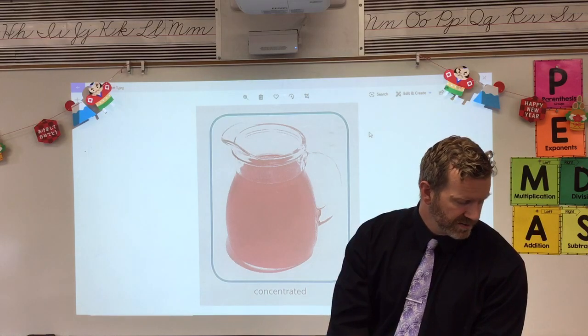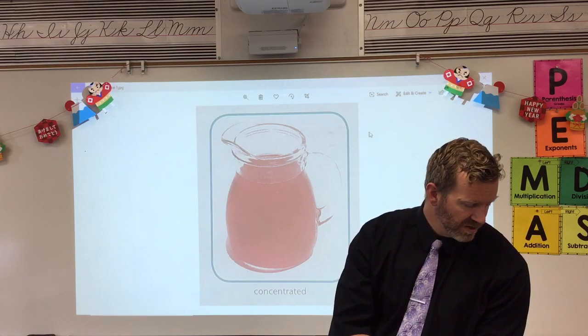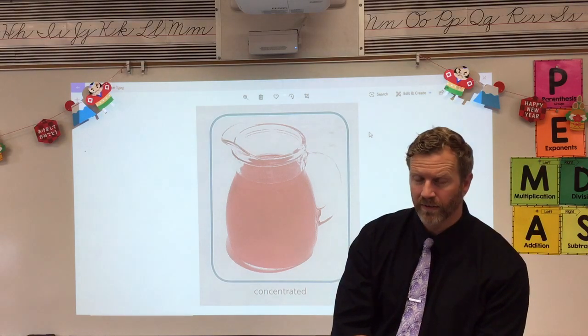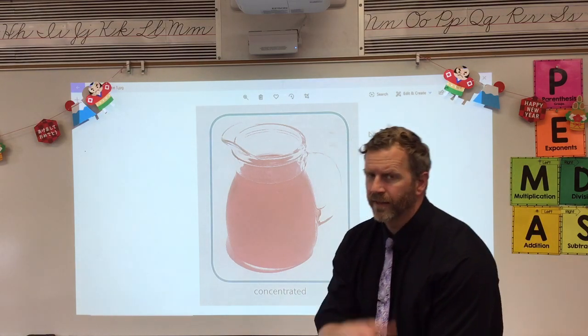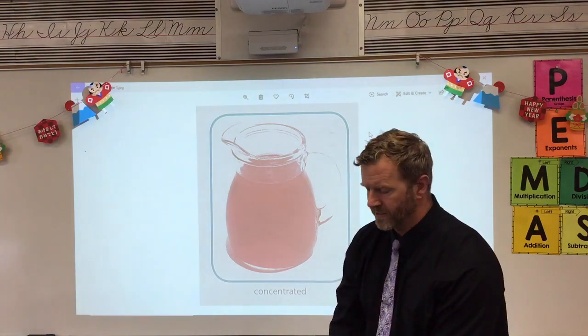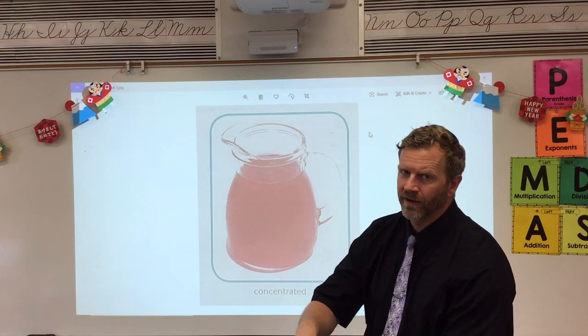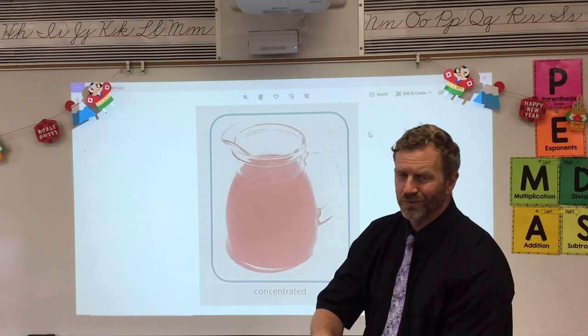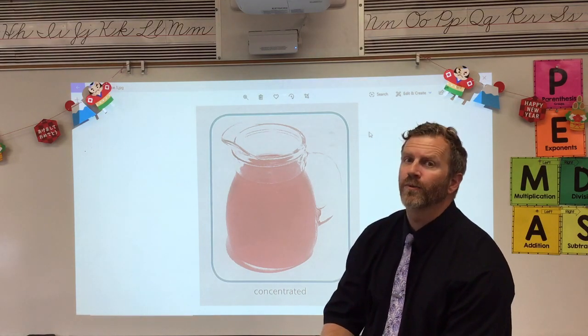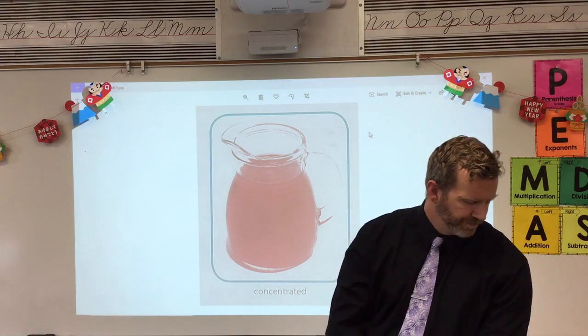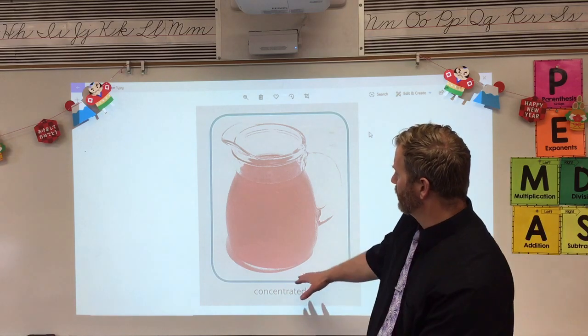It will be concentrated. Concentrated means that the solvent is holding more than a normal amount of solute. Now, that iced tea I was talking about yesterday, when I'm putting all that sugar in there, I am making that thing as sweet as can be. It is super concentrated with sugar.